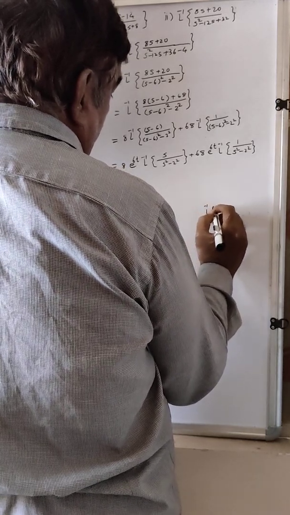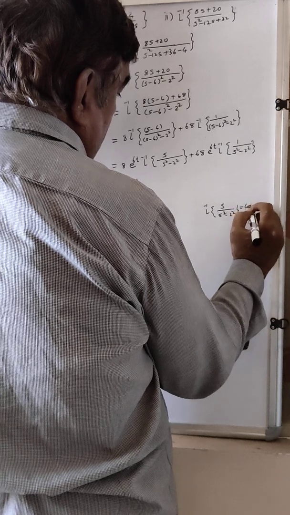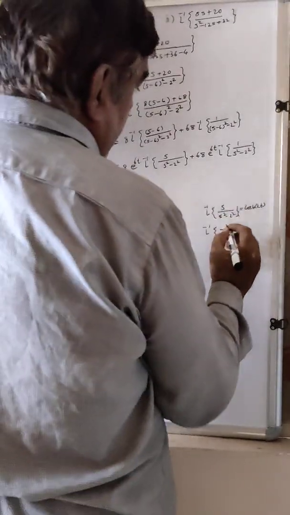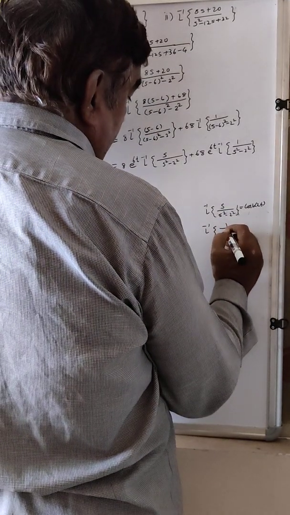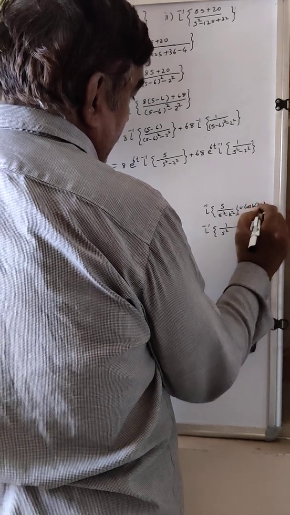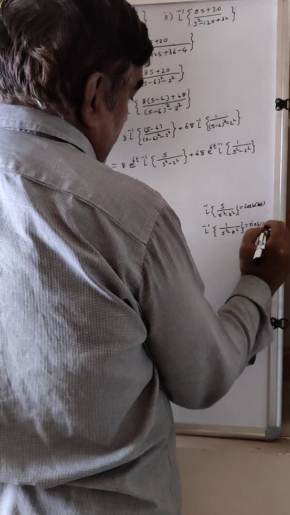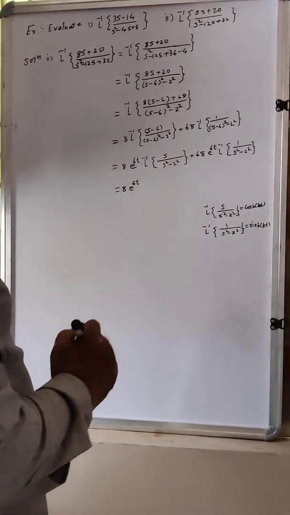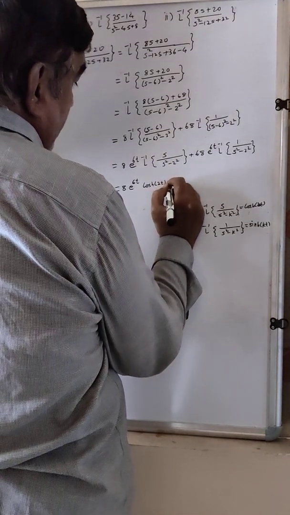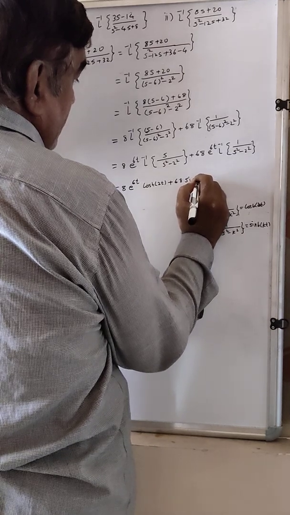We know that Laplace inverse of s upon s square minus k square is cosh kt, and Laplace inverse of 1 upon s square minus k square is sinh kt by k. We get 8 e raised to 6t cosh 2t, that is a hyperbolic function, plus 68 e raised to 6t sinh 2t.